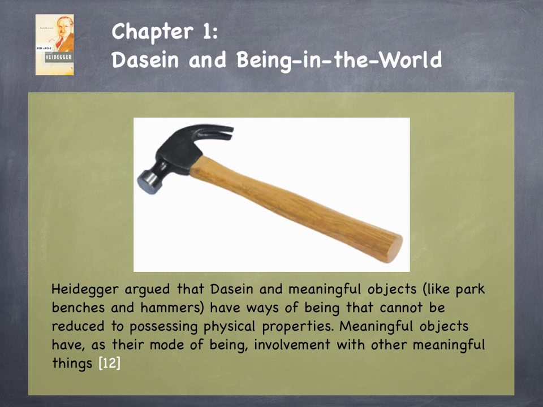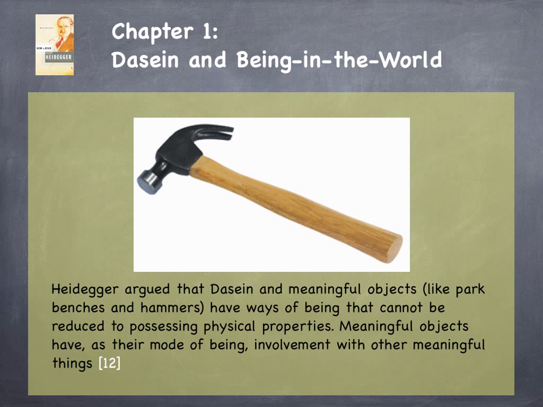Okay, well, I've just processed that, and it does sound a little bit counterintuitive. I mean, you would think that a hammer is its physical properties. It has a shaft, often made of wood for holding. It has a heavy blob of tough metal fixed securely to it. This is what a hammer is, surely.